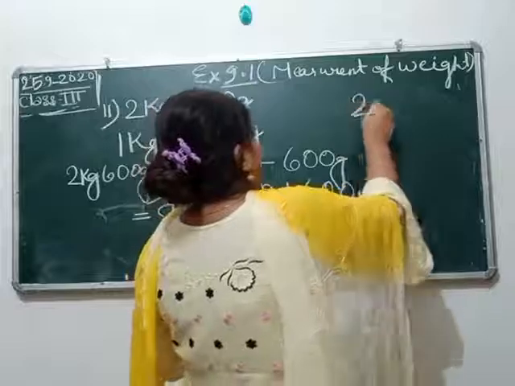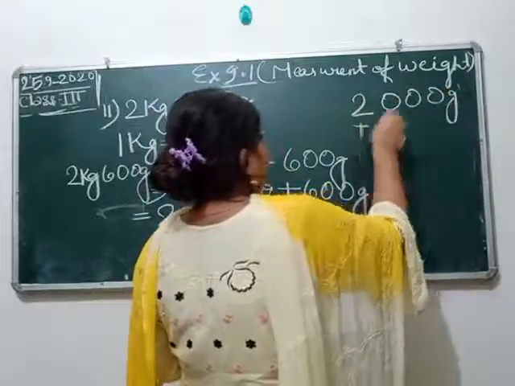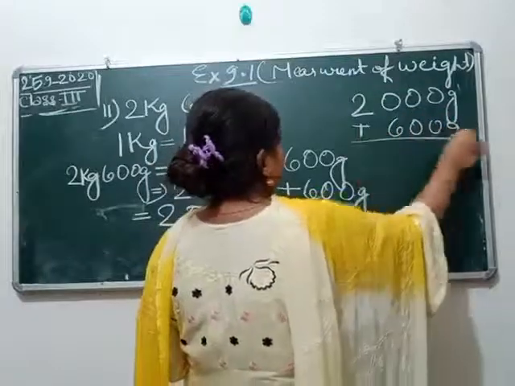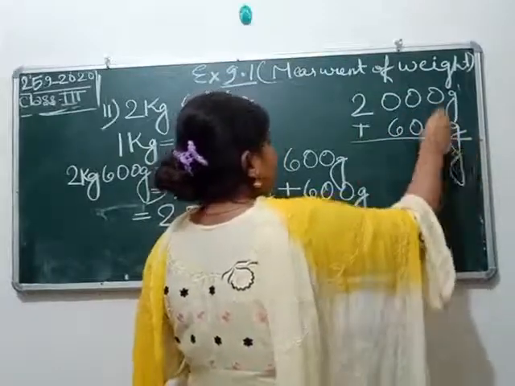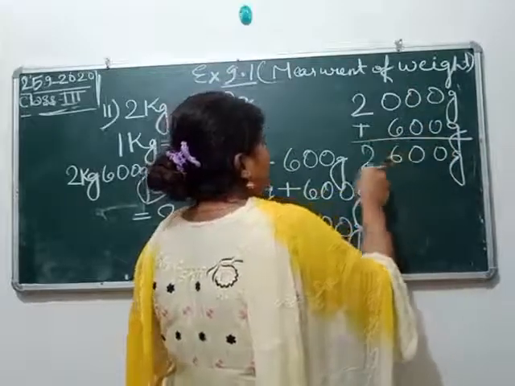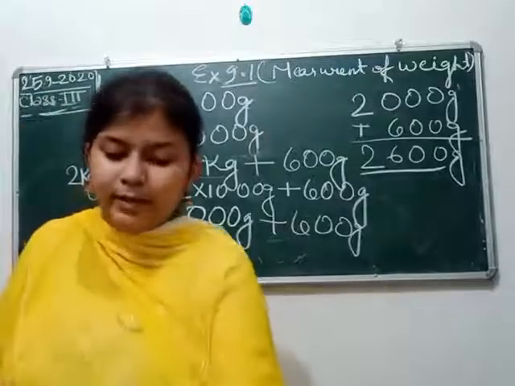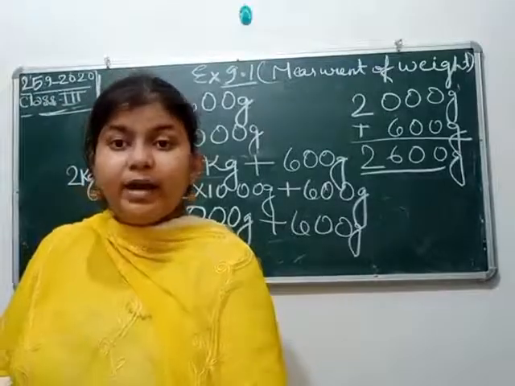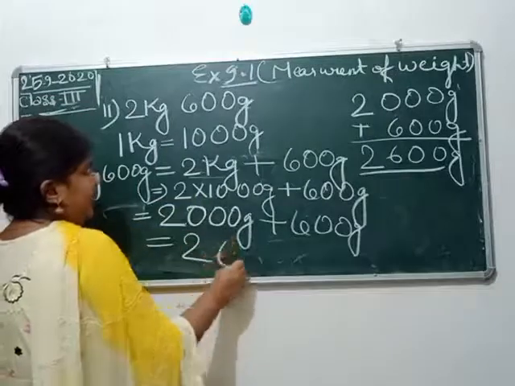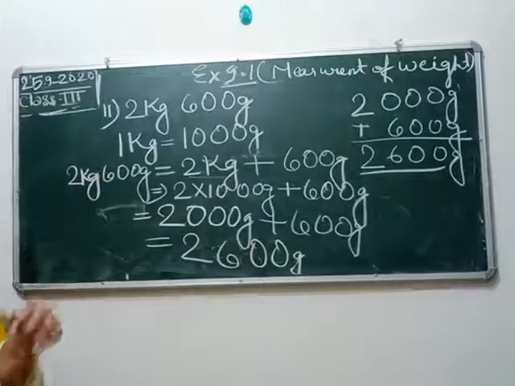So we have to add this: 2000 gram plus 600 gram. So our answer is 2600 gram. Note it down.